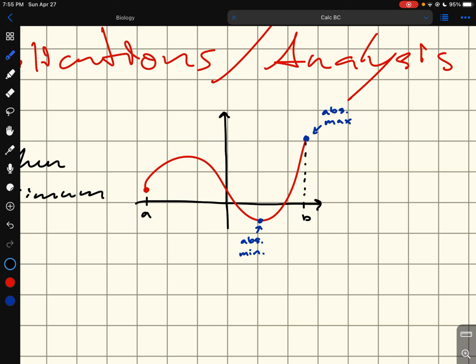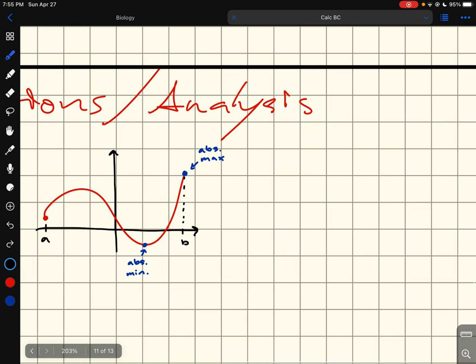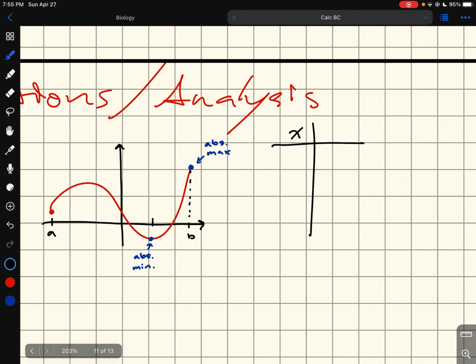So you would test these points where you have extrema and the endpoints where you could have extrema. And all you do is line them up in a table. So this is your x values. It would be the x value here, at B, and at A. And you just put them all on this table.